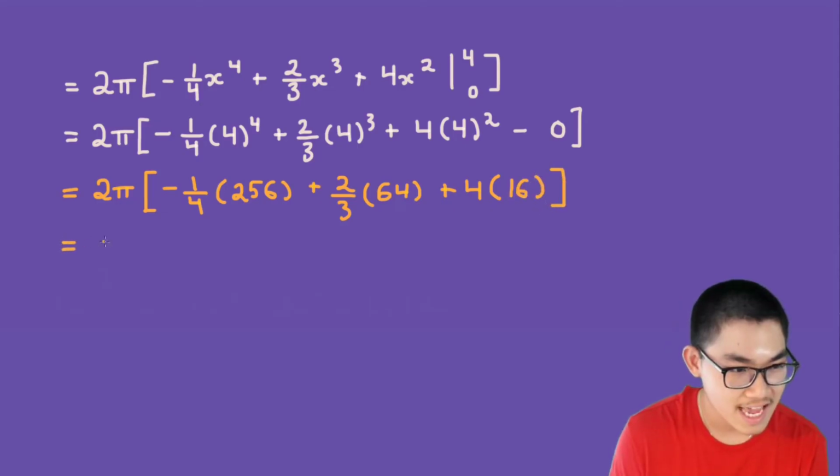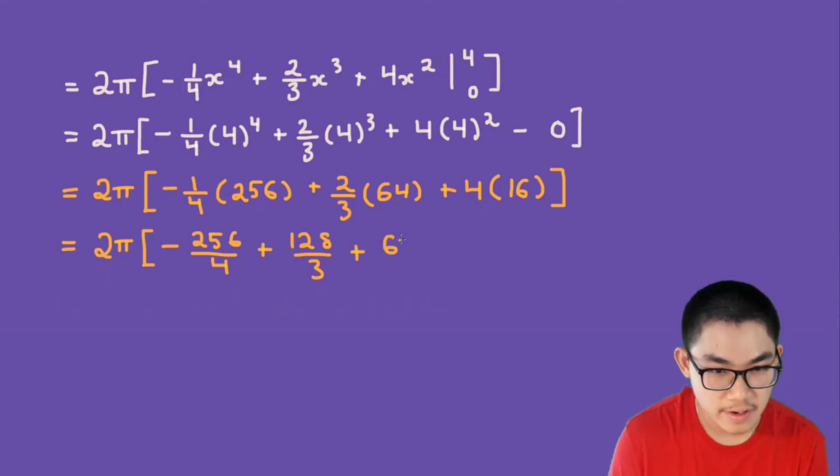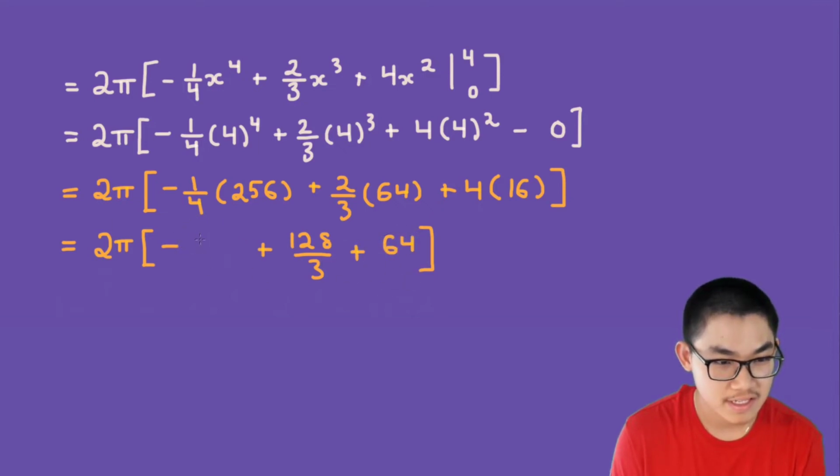This is the same as 2 times pi times negative 256 over 4 plus 128 over 3 plus 64. 256 divided by 4 is the same as 64. So this is going to be 64.